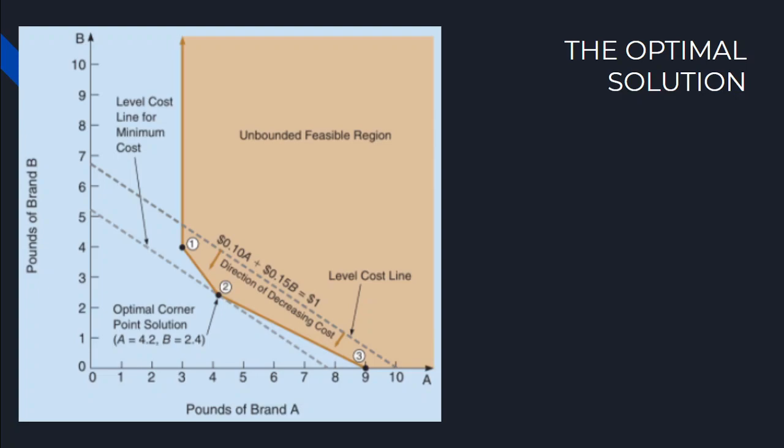So, dito, sa minimization model natin, baliktad. Okay? Paurong naman tayo kasi minimization eh. So, itong nakuha nating cost line, gagawa ulit tayo ng parallel line, hihilahin natin siya palabas ng ating feasible region.